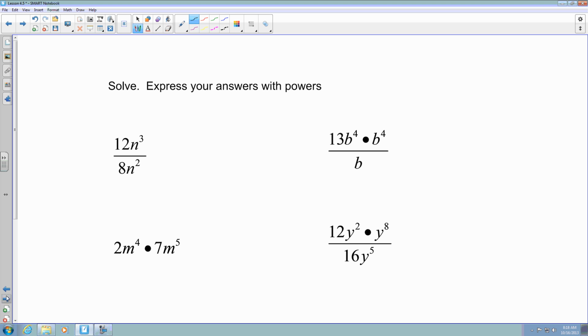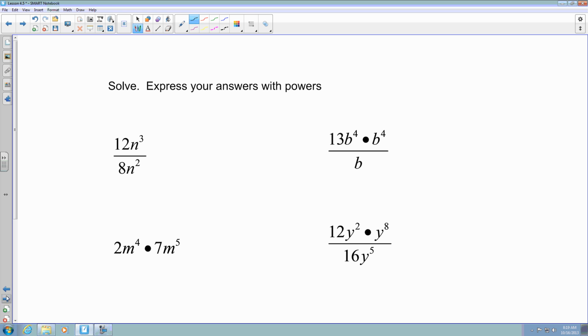Now, there are going to be some problems in your homework where some have the same base and some do not. If they don't have the same base, such as a numerical value, the first thing you're going to do is simplify and get those numbers into lowest terms if you can.